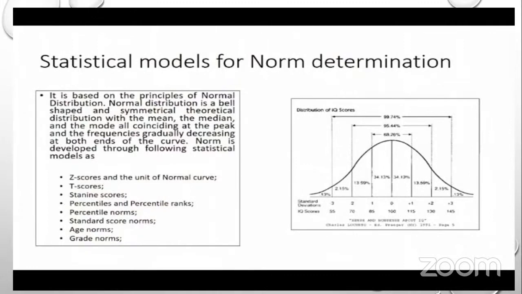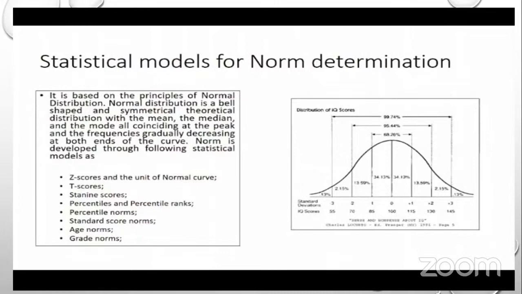That means the normal distribution is a bell-shaped and symmetrical curve. You can see the bell shape here, and it is symmetrical in nature. So the mean, median, and the mode will coincide in the center, at its peak, and the frequencies will decrease at both ends of the curve.